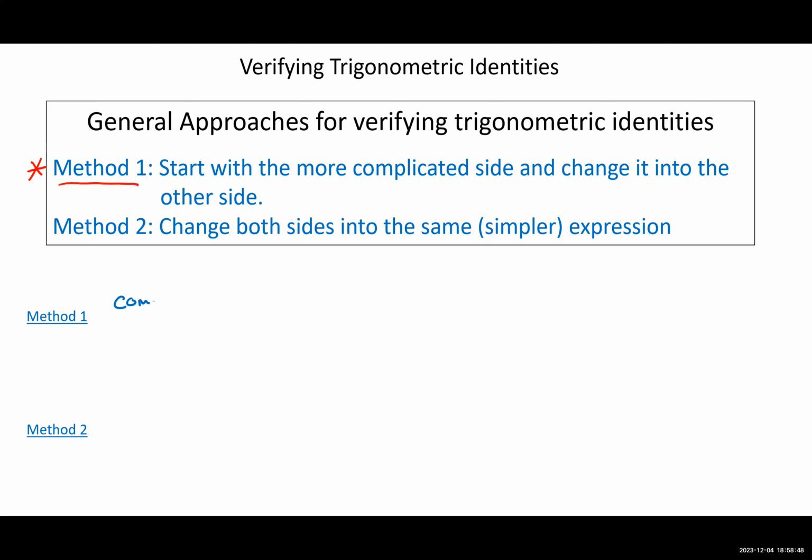So method 1 looks like this. You've got the complicated side of the equation, and then you've got the simpler side of the equation. And you want to show those two are equal. So what you could do is take some things that you already know. Well, what do we already know?